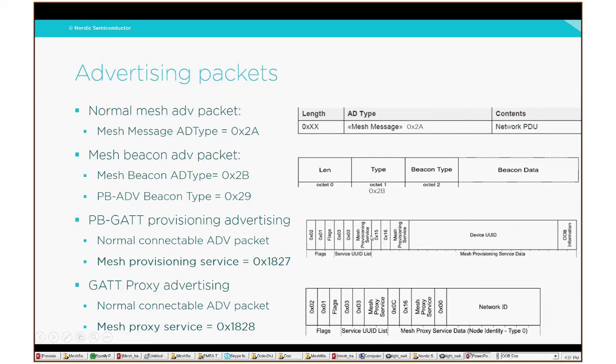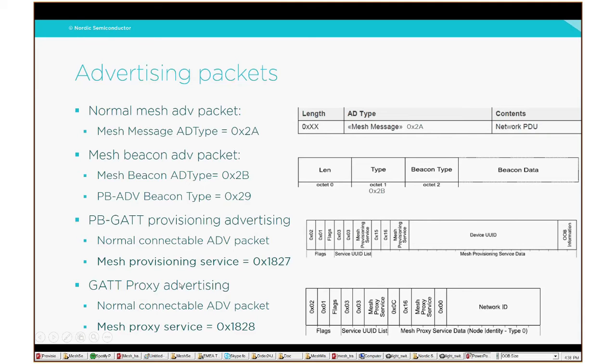You'll see the service UUID with hexa 1827, and then you see the device UUID inside that packet, as well as the OOB information on how the provisioning can support OOB, for example QR or NFC or a number printed on the back. So this is the OOB information included inside the connectable advertising packet for provisioning via PB-GATT.